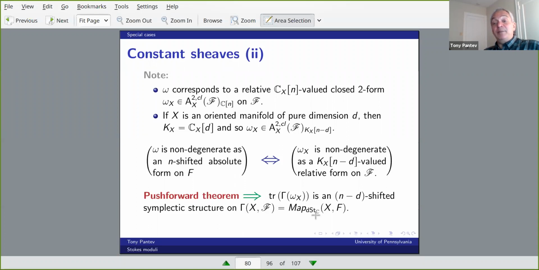So this is just the mapping stack, all the maps from X to F. And it tells you that the trace of the global sections of omega is an n minus D shifted symplectic structure on that mapping stack. So that's the algebraic version of the AKSZ formalism and the mapping stack theorem from our paper with Bertrand and Michel and Gabriele. So it's just a special case of this push forward theorem, but a very easy special case.